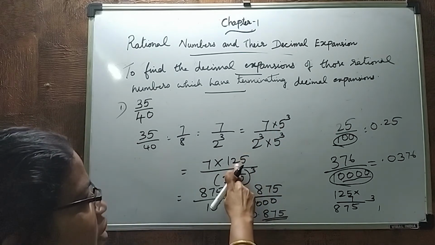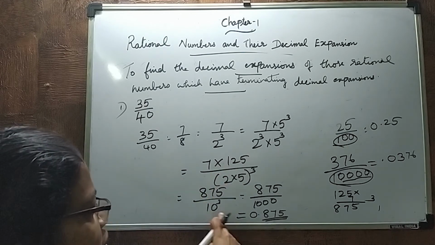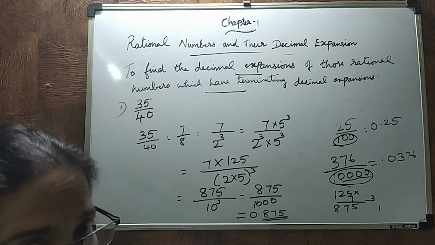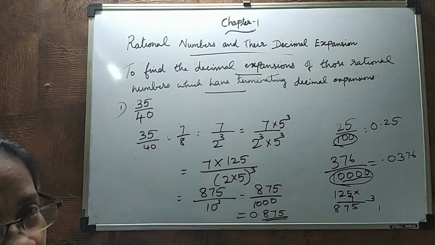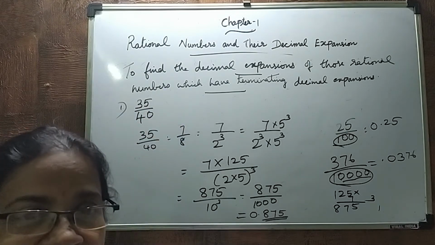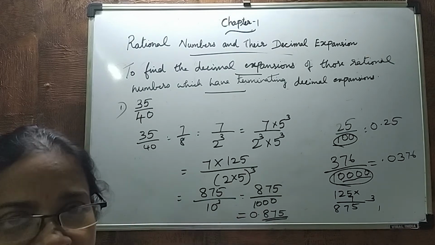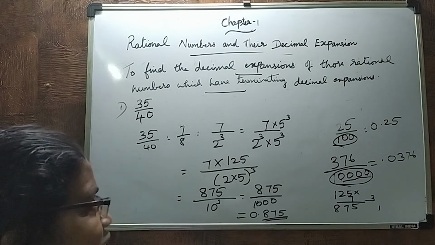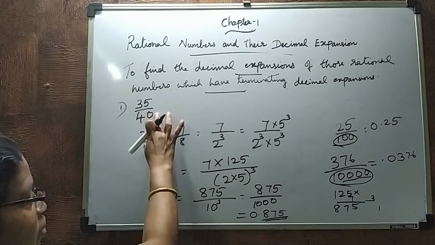Then 5 raised to 3 is 125, 7 into 125 is 875, and 875 divided by 1000 gives the answer 0.875. If you just want to check, you can divide 35 by 40. Actually, there is no need to check, because if the method is correct, your answer will be correct. Only the first time, if you want to check, just check it. You will get the answer 0.875 for 35 by 40.